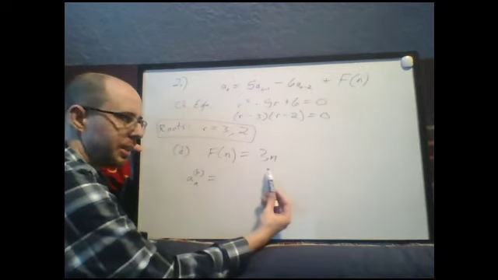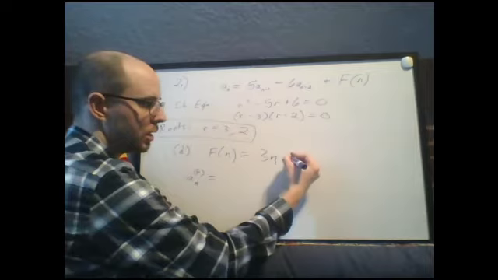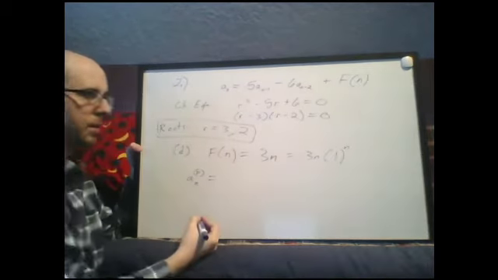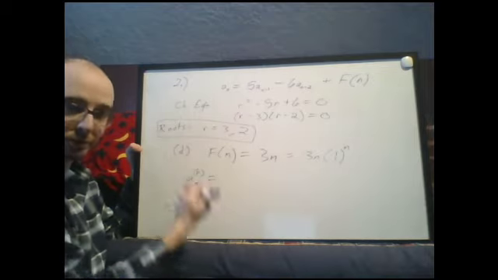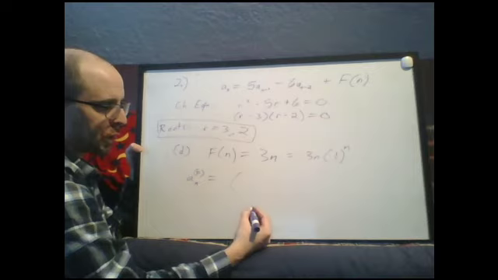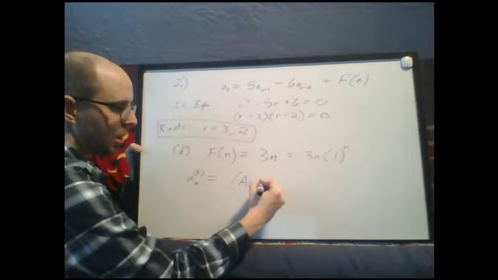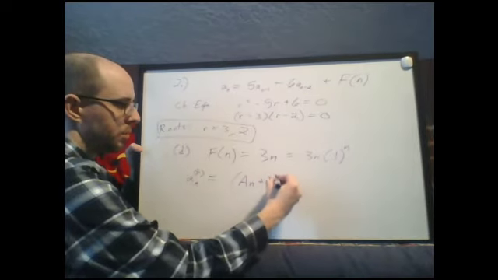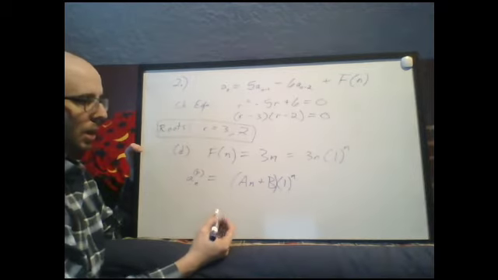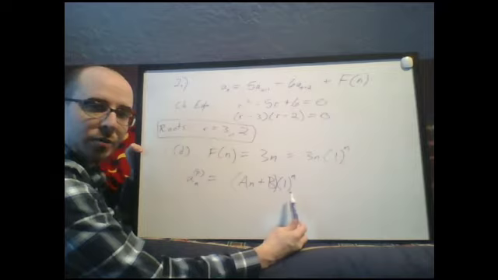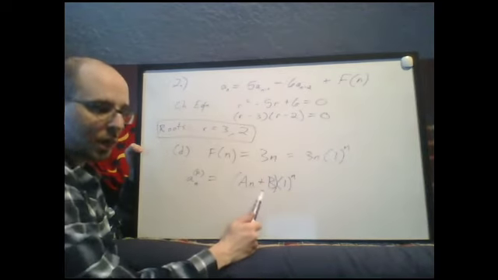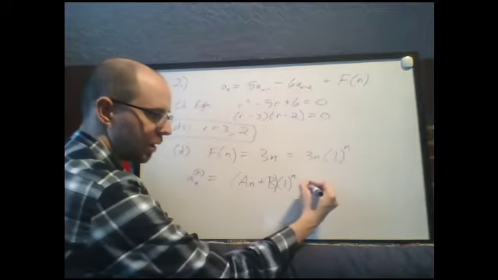See, n does not appear as an exponent. So the exponential part here is, again, 1 to the n. So this is very similar to part A. It's just a polynomial that I have to match. It's degree 1, so I need an plus b times 1 to the n. And the relevant base is 1. 1 is not one of our roots, so we're done. It's just an plus b.